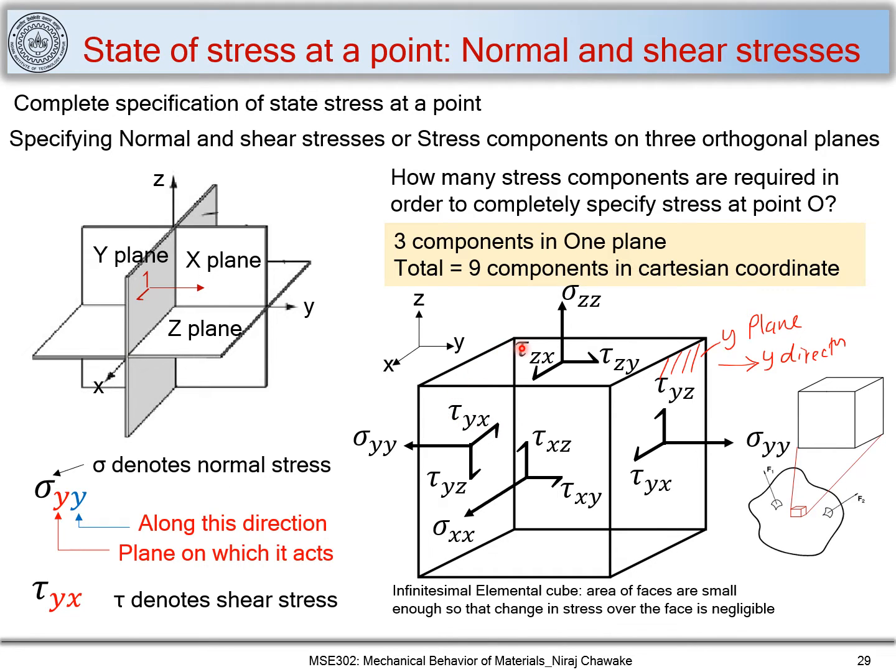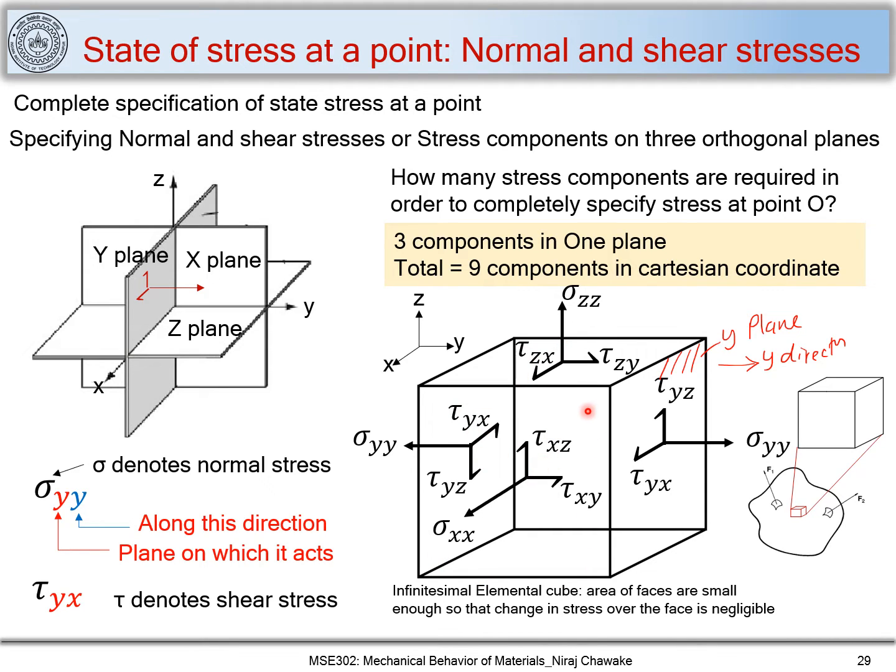So these are the stress components which we have represented on this elemental cube. I have represented them on positive y plane, negative y plane, x plane, and z planes.